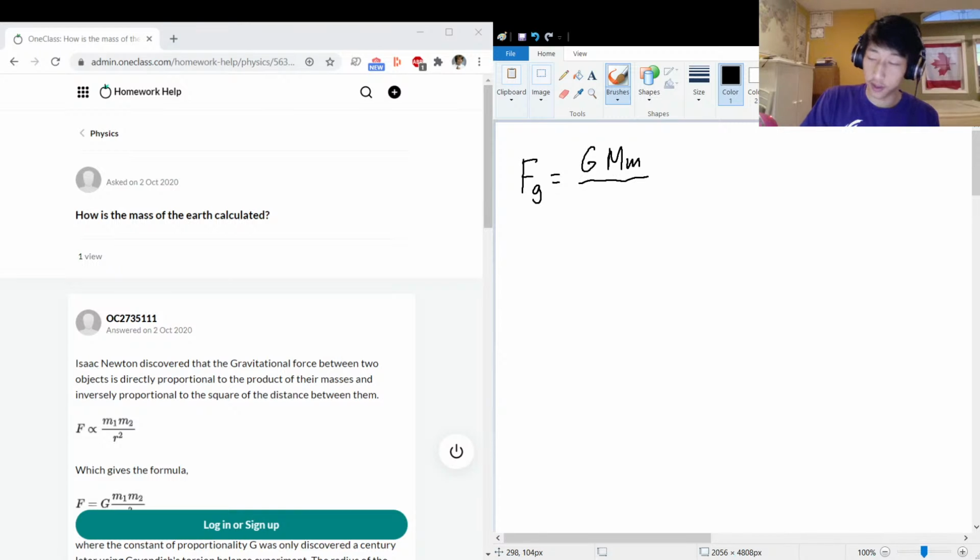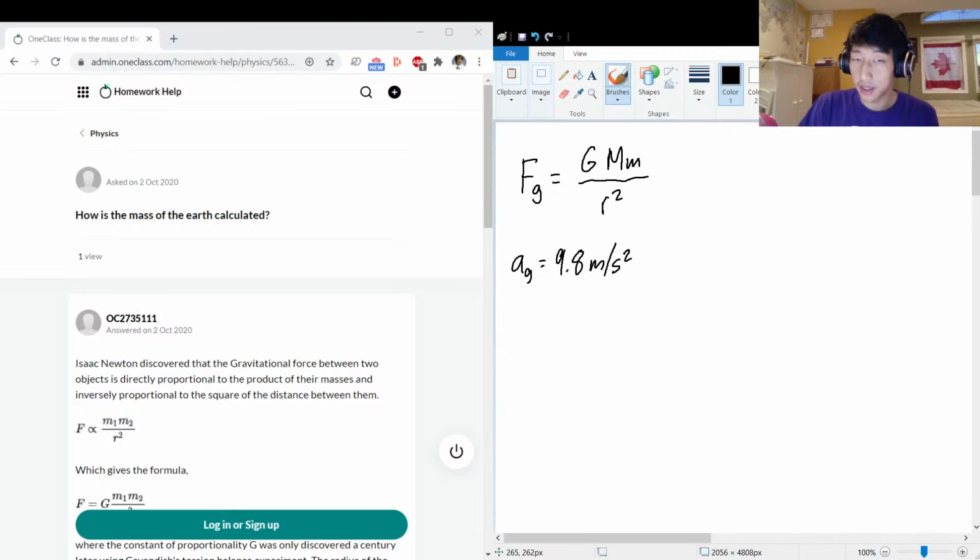There's just two mass values, but we have a capital and a lowercase just to specify that they're different. We also know that acceleration due to gravity, ag, is about 9.8 meters per second squared.